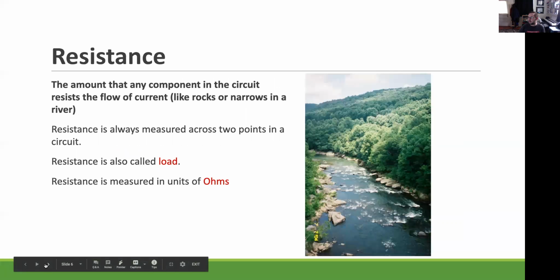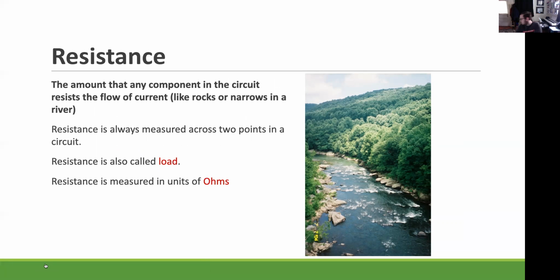And then lastly, resistance, keeping with the metaphor of rivers and water. If you had a bunch of rocks in your river, that would slow down how fast the water can get from A to B. So the more resistance you have, the slower the current.